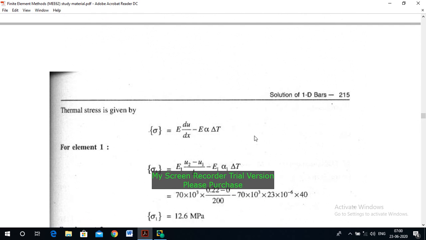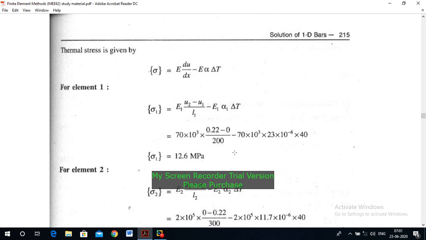Next, thermal stress is given by sigma is equal to E into du by dx minus E alpha delta T. For element 1, sigma 1 is equal to E1 into U2 minus U1 divided by L1 minus E1 alpha 1 delta T. Substitute the values. E1 is 70 into 10 power 3.